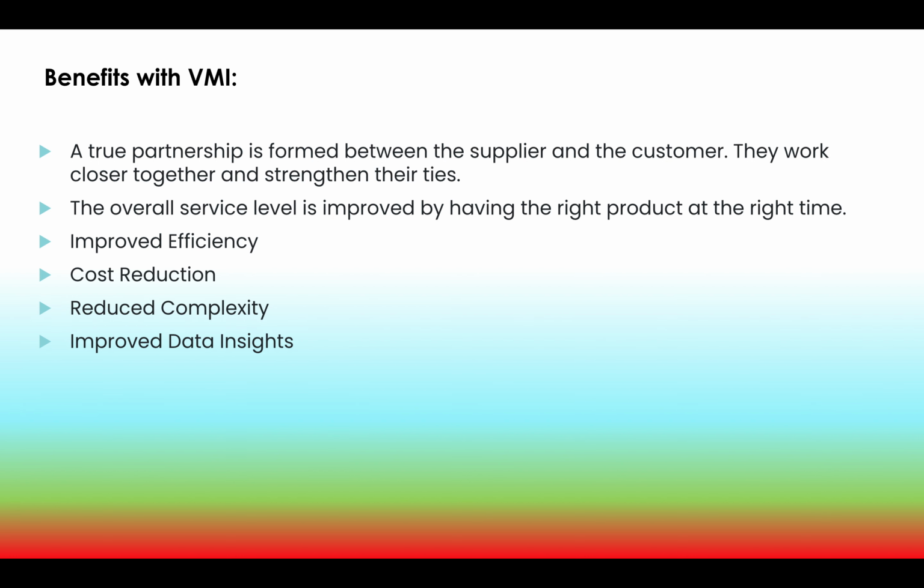Reduced complexity. A VMI process helps reduce complexity and improve data insights. It will improve data insights for the supplier as well as the customer. Okay, so this is the VMI process in supply chain. Thank you.